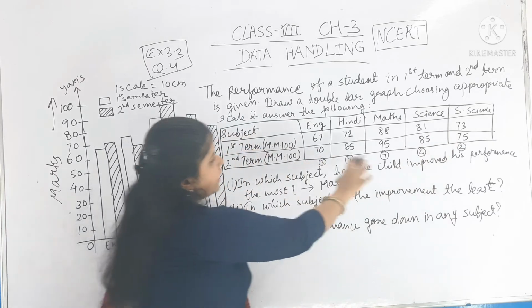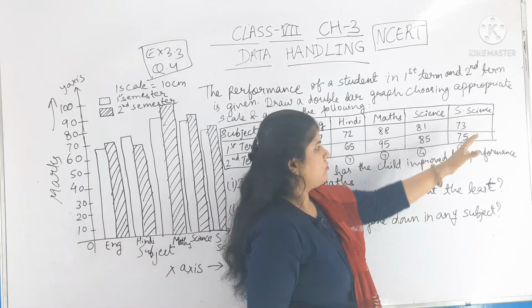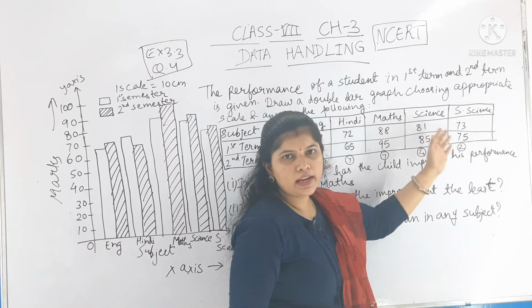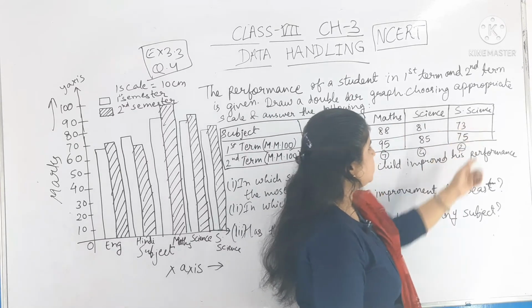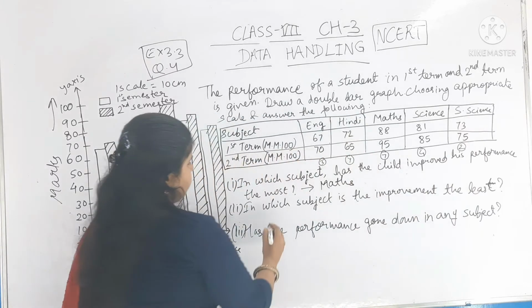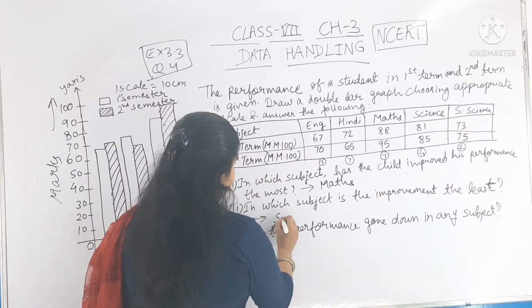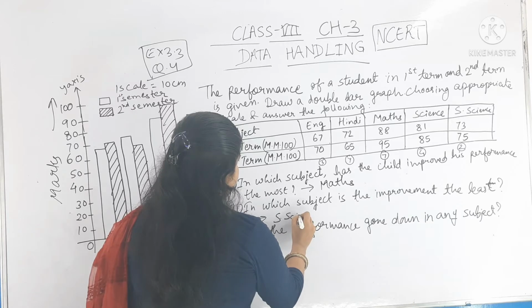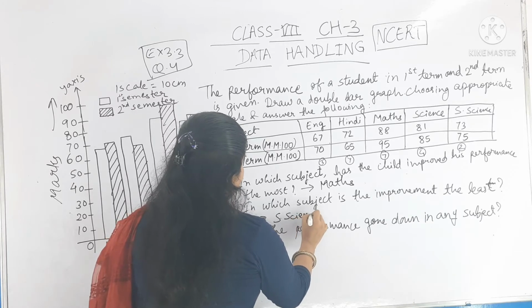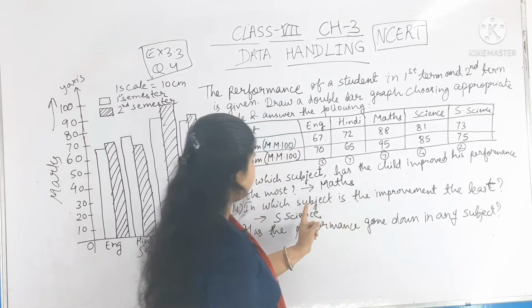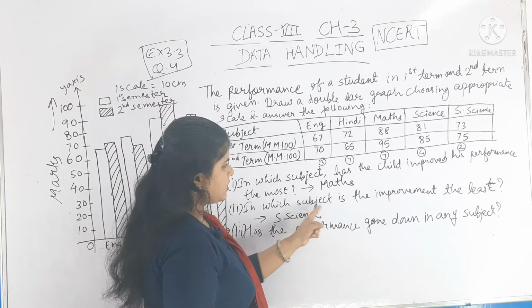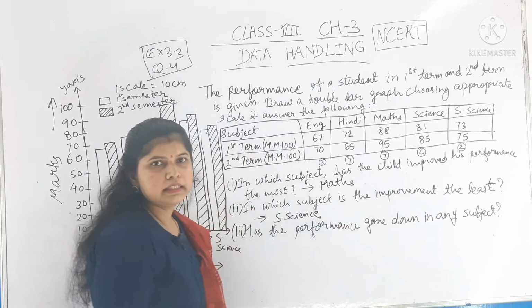You have to subtract, or you can easily visualize from the table also if you do not subtract. So it is social science. Answer is social science. So social science is the subject which has the least improvement.